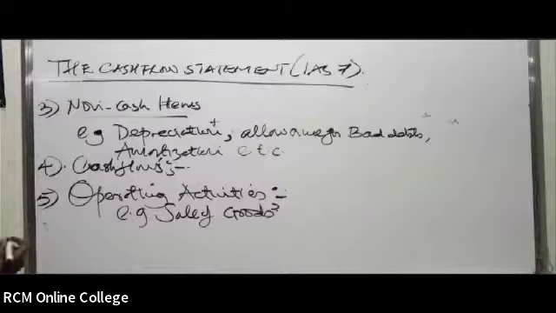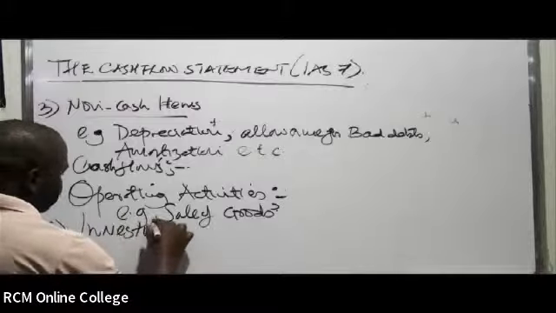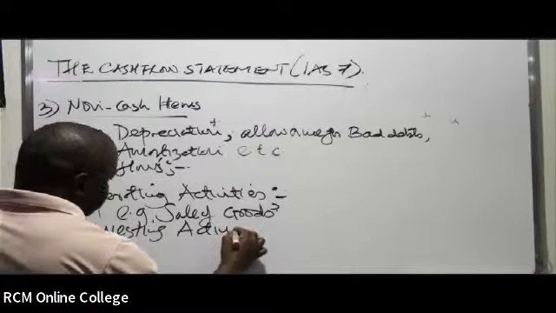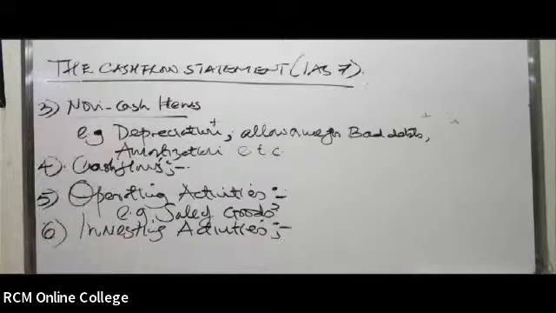Number 6, another term, is still a category under the cash flow statement: investing activities. You write this about investing activities.